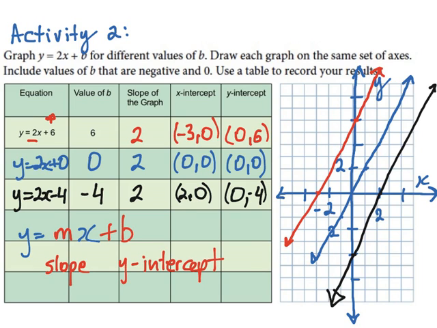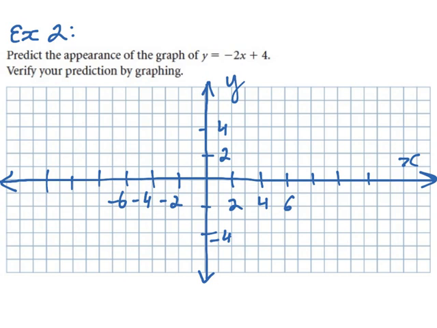Knowing this, let's solve our example 2. Predict the appearance of graph y equals negative 2x plus 4. Verify your prediction by graphing. So now let's overlay the equation on slope-intercept form.